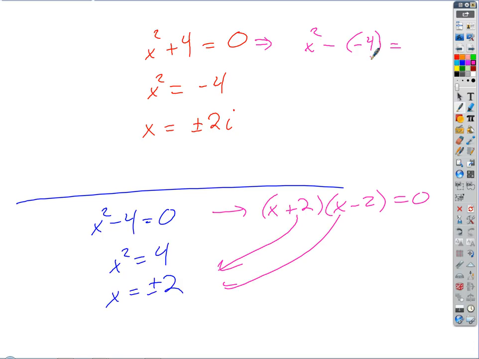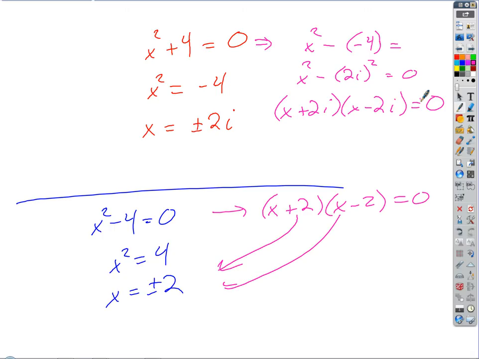It's 2i squared, right? So that looks like x squared minus 2i squared, right? And so we actually could factor this as x plus 2i times x minus 2i, right? We can do it. It's just that we can't do it over the set of real numbers.